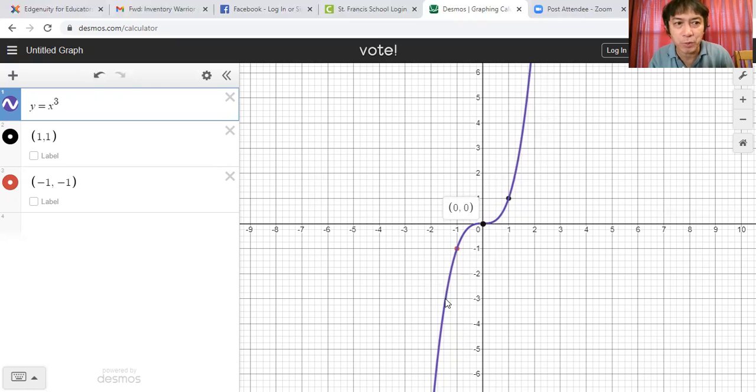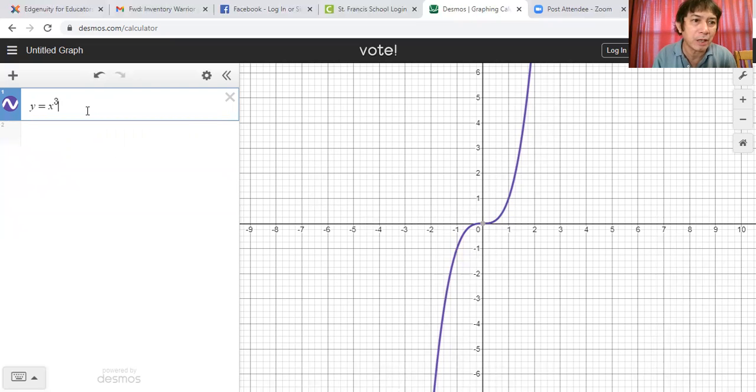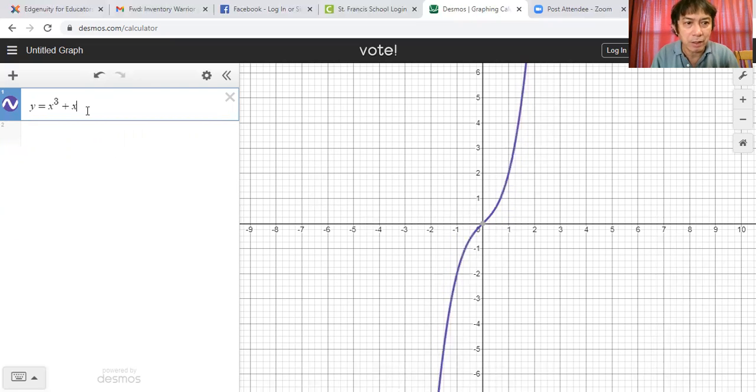And notice the exponents of the x variable are odd numbers. So this is called an odd function. You can vary the exponents as long as you use odd numbers. So if we add, say, x to the fifth, it will not change the picture.